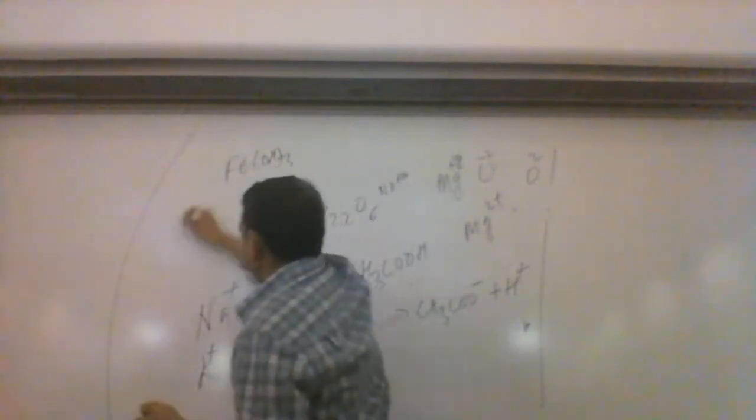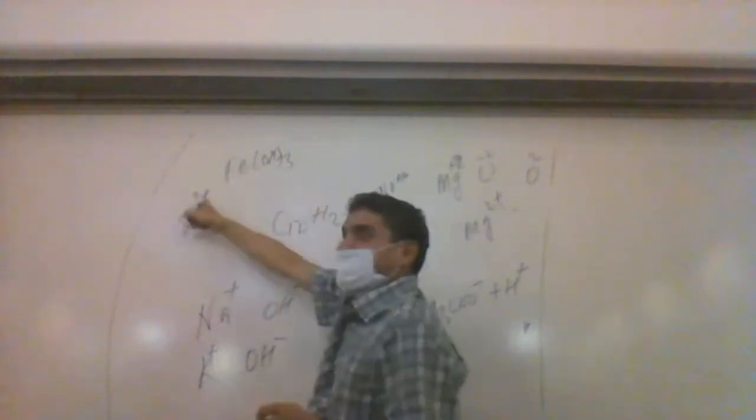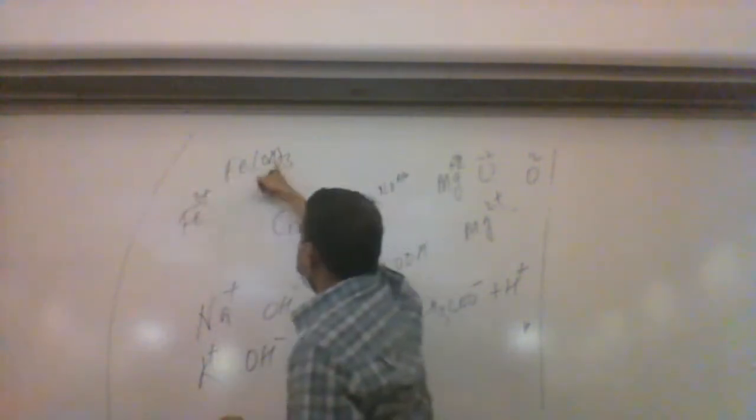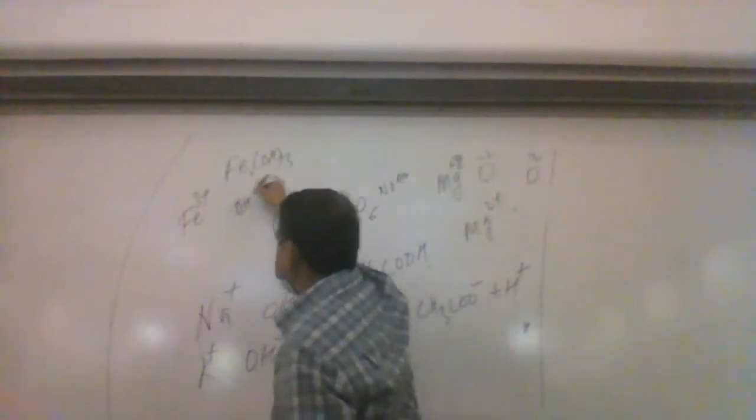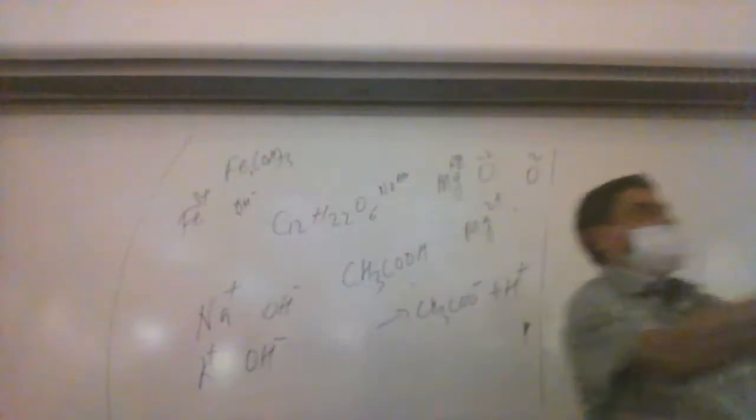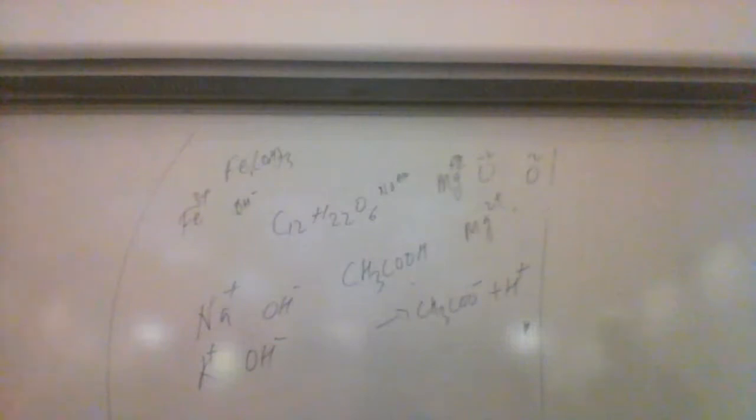If you separate the charge, this has +3. This 3 comes from here, right? And OH has a -1 charge. A lot of charge. But if you put Fe(OH)3 in water, it doesn't dissolve. So Fe and OH cannot be moving separately. They always sit together, and when the ions cannot move, it cannot be an electrolyte.